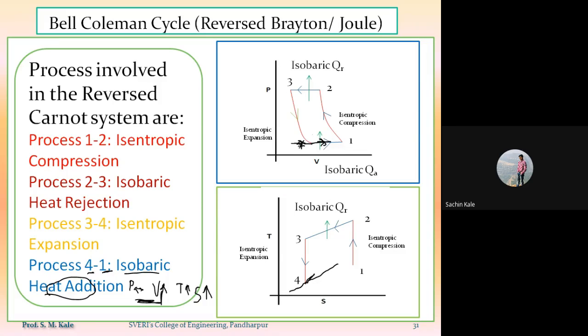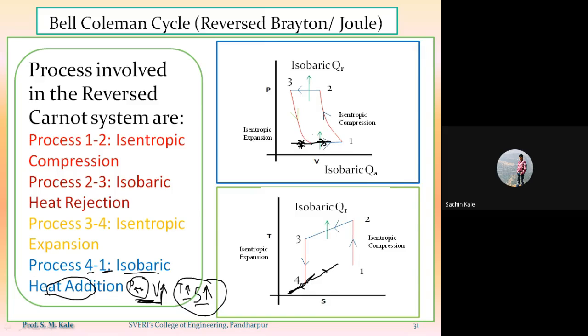Similarly on the TS diagram, I have to take the concern of temperature and entropy. In case of the TS diagram, temperature should go on increasing, entropy should go on increasing, at constant pressure. Is the value of temperature and entropy increasing towards this direction? No, because temperature as well as entropy is decreasing towards this direction.